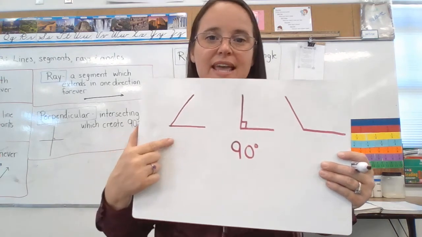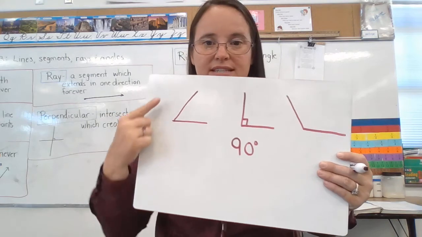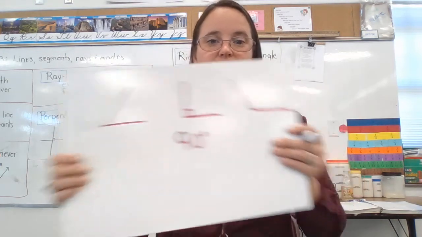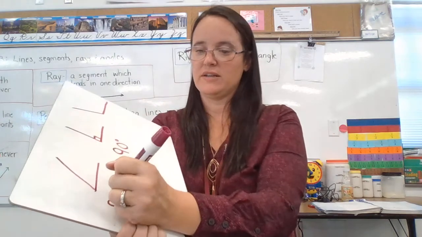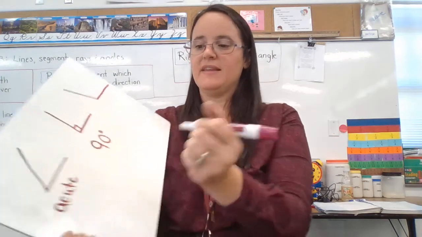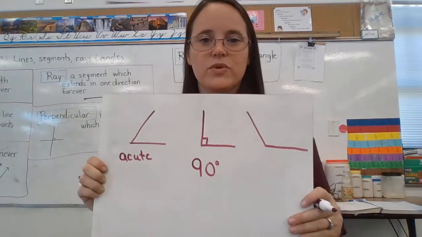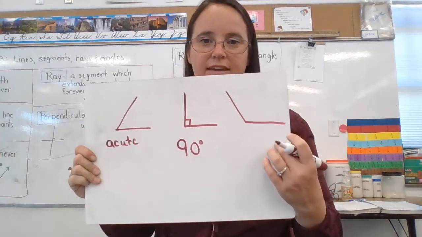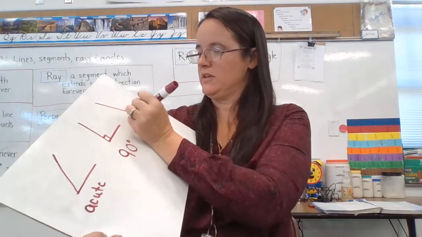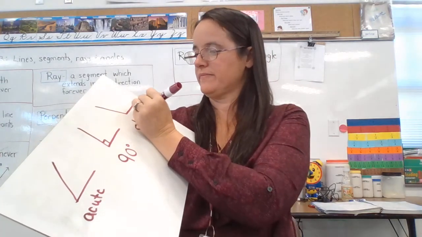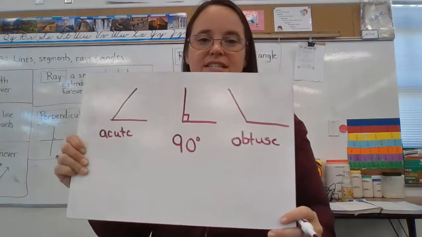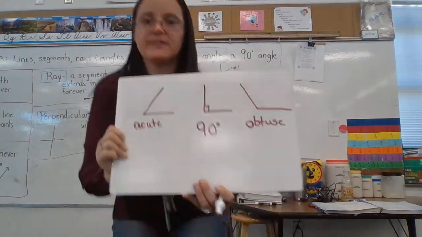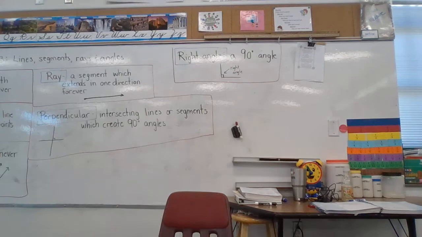So this one is less than 90 degrees because 90 degrees would be an L shape like this. So this one is acute. And which one's obtuse? That would be this big fat guy here. Obtuse angle. So we've described each of our angles here. Hang on, I lost my eraser.